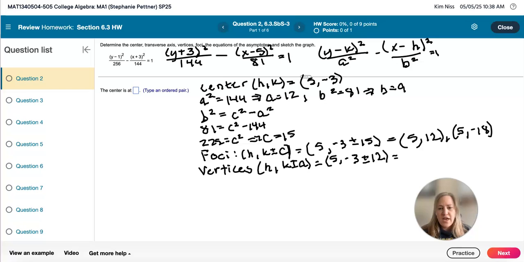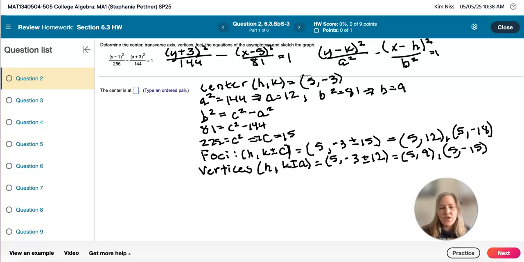So we have a vertex at (5, −3 + 12), which is (5, 9), and (5, −3 − 12), which is (5, −15). Those are our vertices.